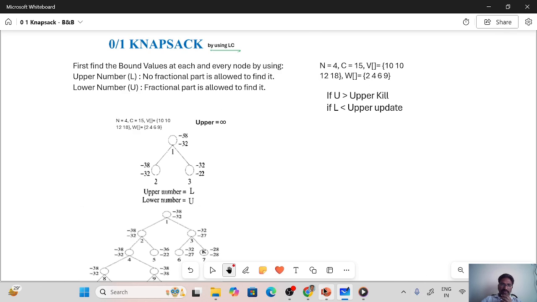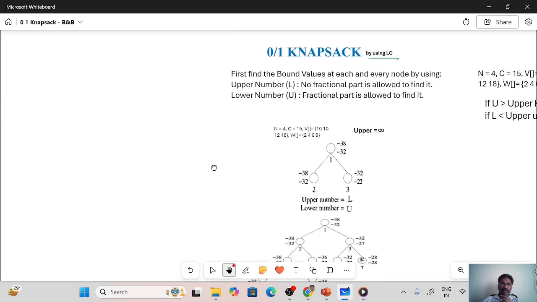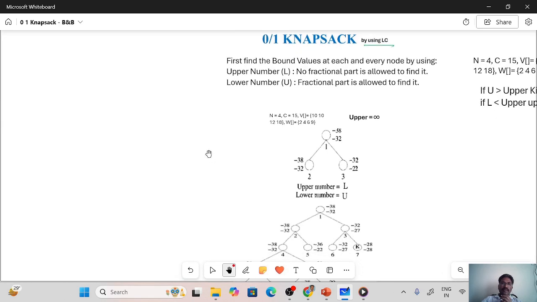First of all, I want to recall what the 01 knapsack problem is. We have n number of items. Each item has its own profit and weight. And we have one knapsack, nothing but a bag. A knapsack has a certain capacity.